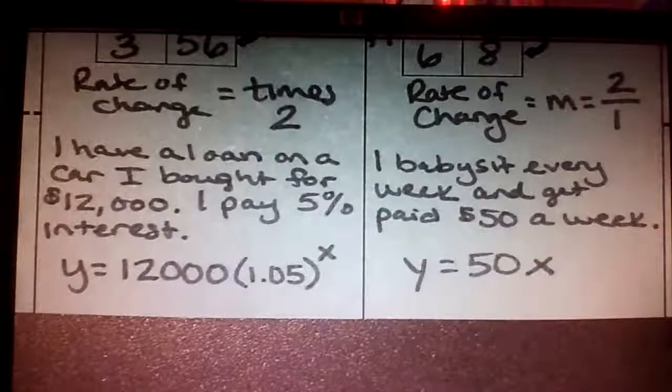So you're always starting at 100%. If I tell you you're doing a 5% discount, instead of adding to that 100, you would subtract it, and that takes you to 95, so then you would use 0.95 as your base. If it's increasing, you add it to that 100%. If it's decreasing, you subtract it from that 100%.